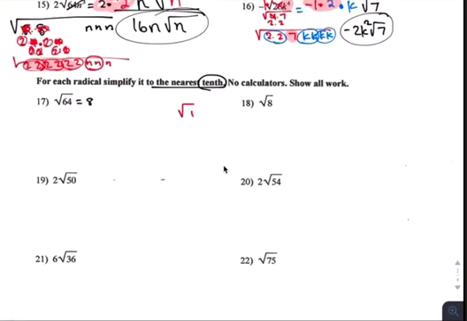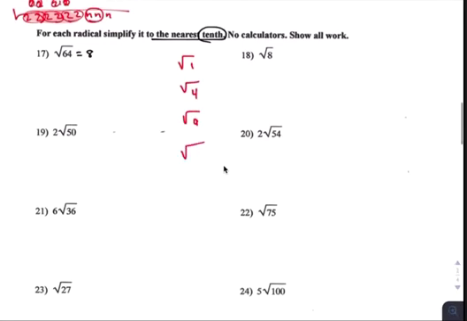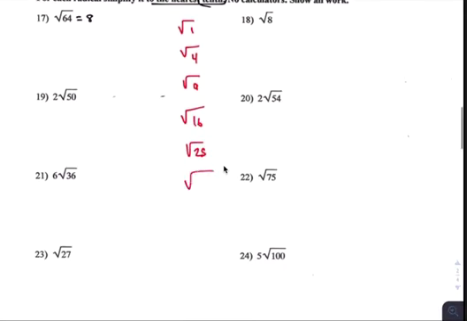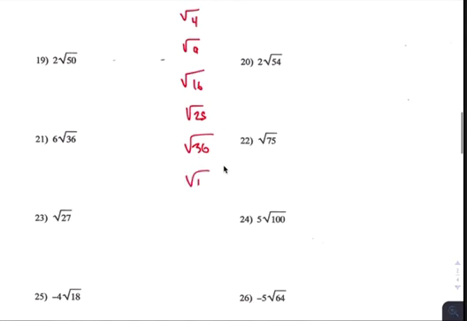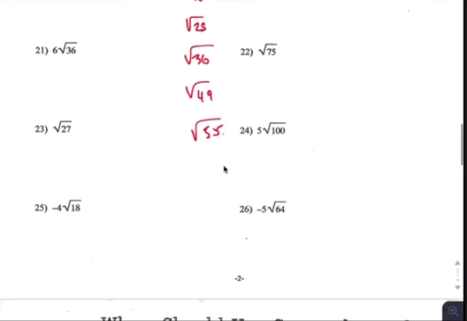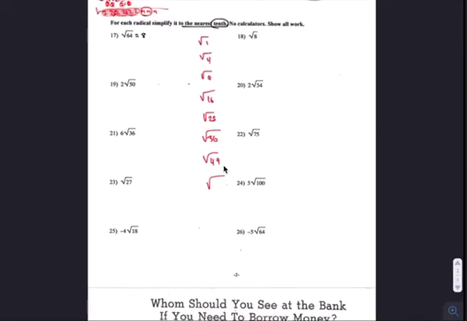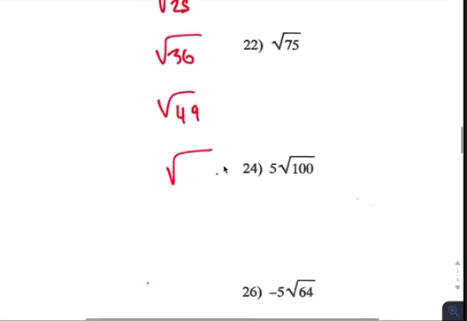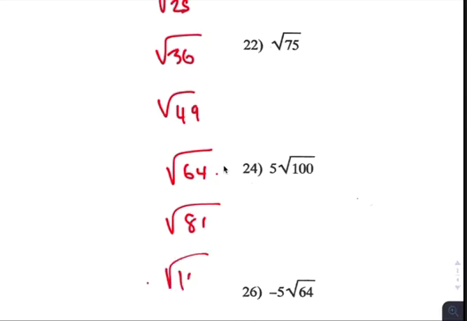Square root of 1, square root of 4, square root of 9, square root of 16, square root of 25, square root of 36, square root of 49, square root of 64. Oh my God, not 55. I'm just tired. 8 times 8. 9 times 9 is 81. And then 100. Okay.